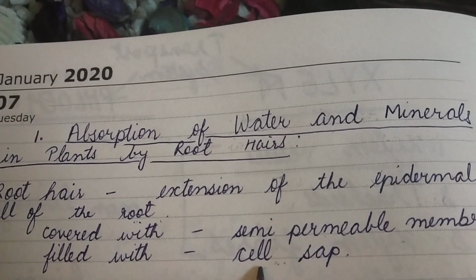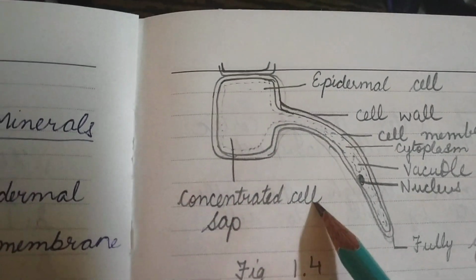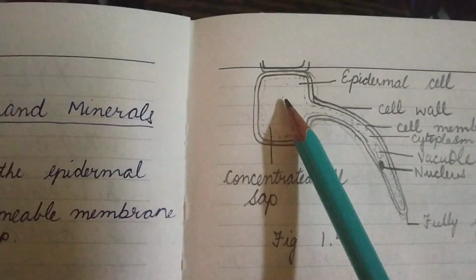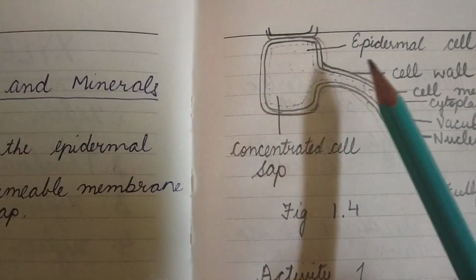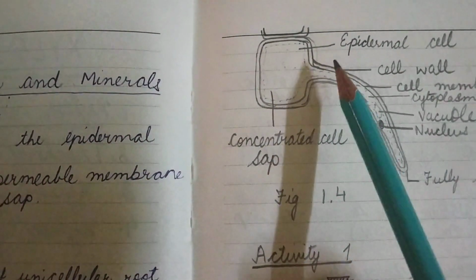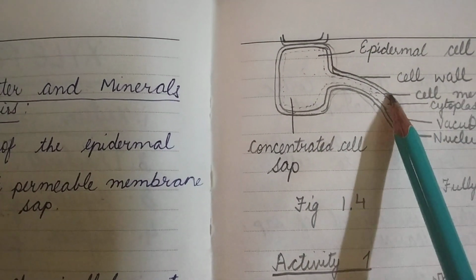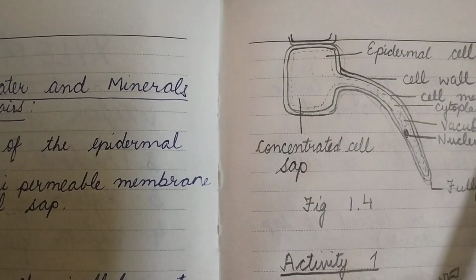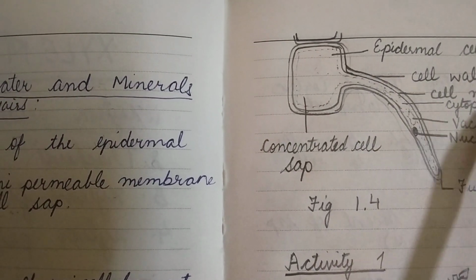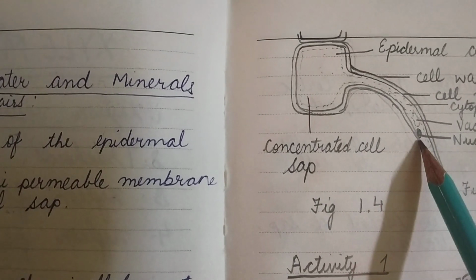Now looking at the figure which is already there in your books, figure 1.4, in the center we have the concentrated cell sap. This is one of the epidermal cells which is being magnified. The outermost covering is the cell wall. The inner membrane is the cell membrane. Inside it is filled with the fluid, the cytoplasm, and we have a vacuole, the empty space, and then the nucleus.